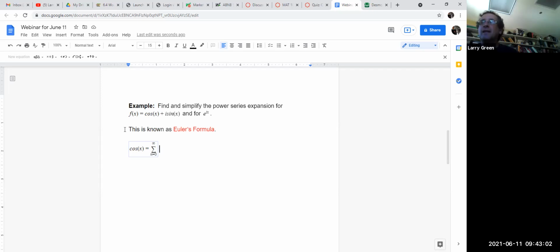Okay. Yeah, so it's -1 to the n over 2n factorial x to the 2n. So I'm going to make it all pretty. Sum of -1 to the n over 2n factorial x to the 2n.